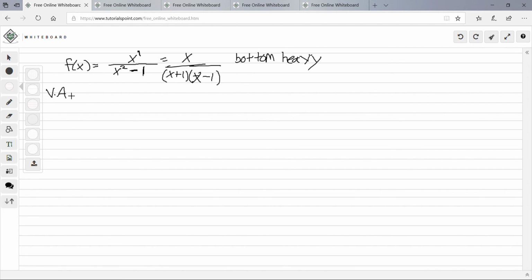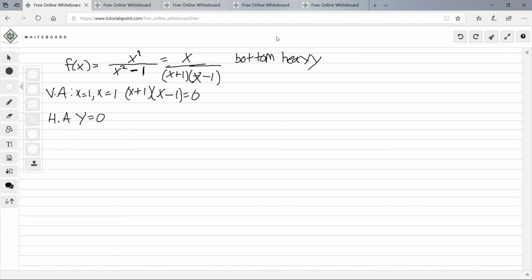Our VA is going to be, if you set the denominator to 0, right? So x plus 1, x minus 1 equals 0. You're going to get two x values. So you're going to get x equals 1 and x equals -1. And then our HA is going to be y equals 0 because it's bottom heavy. Now we can graph it.